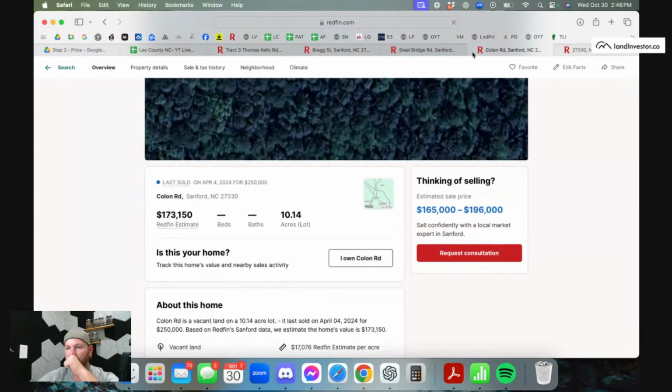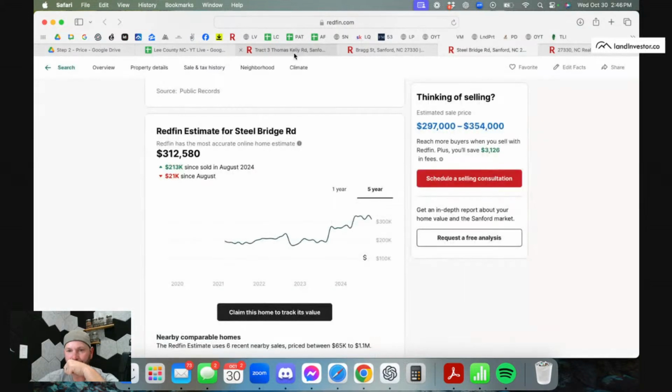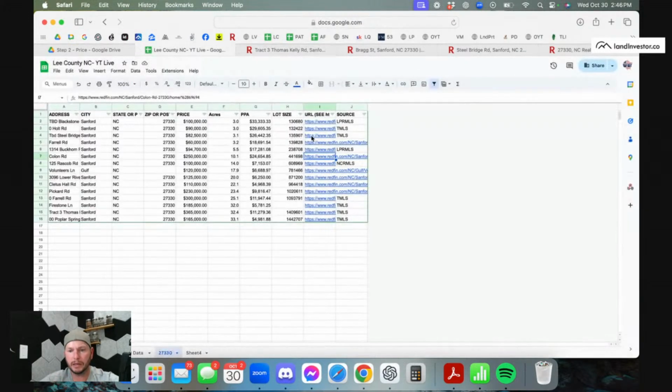This is off market. Man, I cannot stop yawning today. Okay, cool. So we see a big disparity. Look at this. Below 5 acres, stuff is selling like crazy, really high. Now, I don't have a lot of data points above that. My 5 to 10s, I only have 2 parcels.